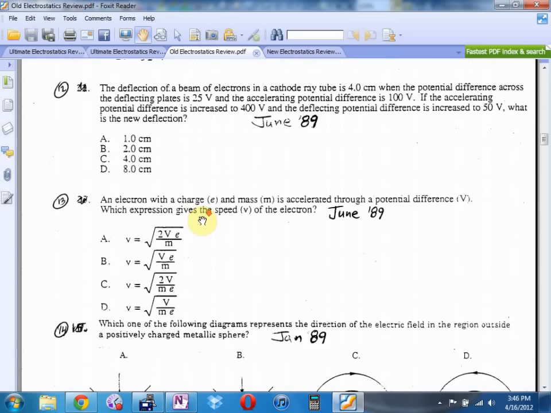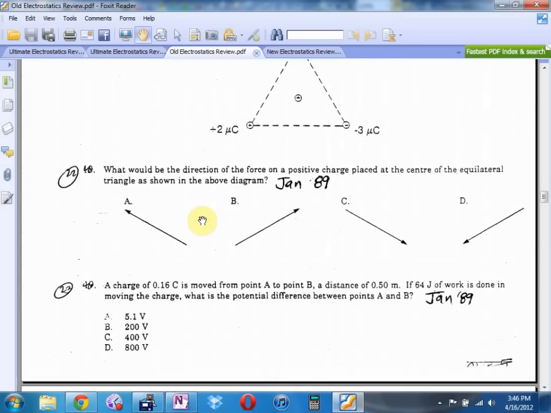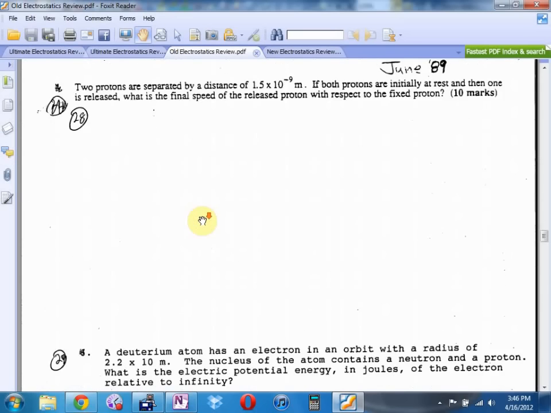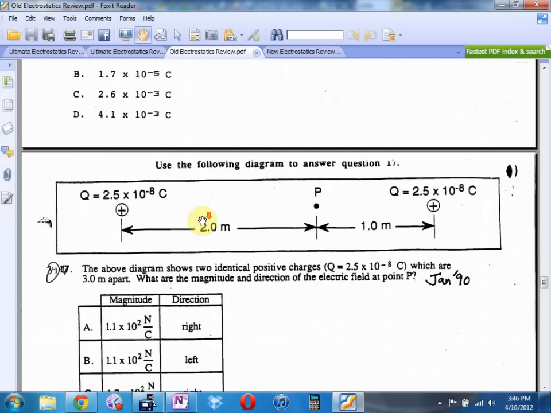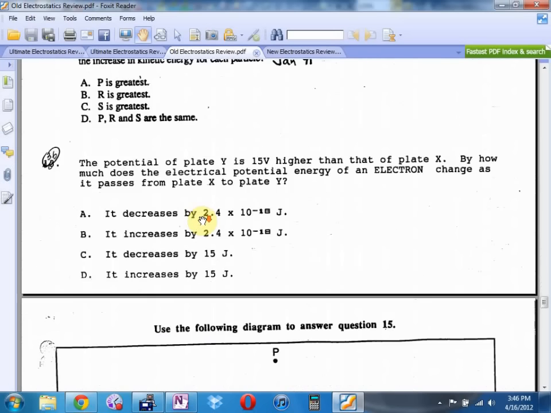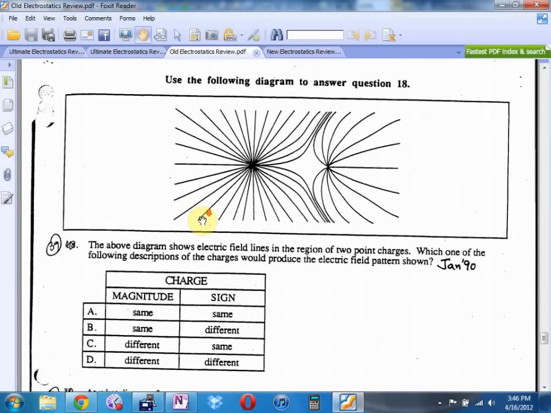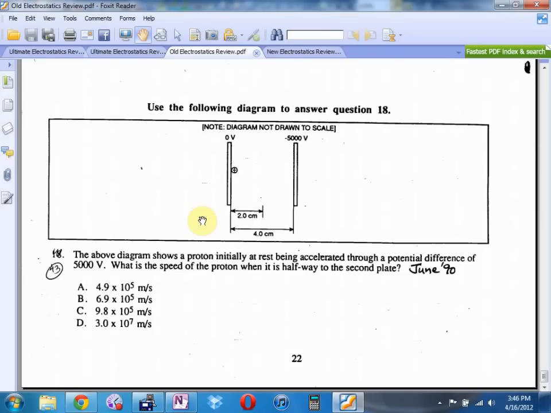Show me June 87, Jan 88, Jan 89, Jan 87, June 89, June 86, because I wrote June 87, it would be the exam that I wrote. June 1990. What do they have against 1987? It was a great grad year. Oh, I guess my exam's not good enough to be on there.